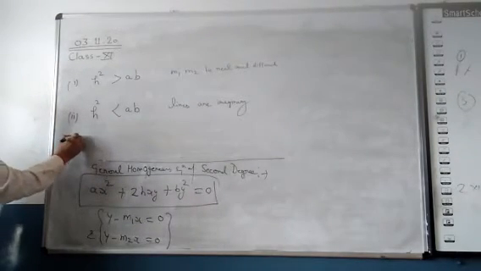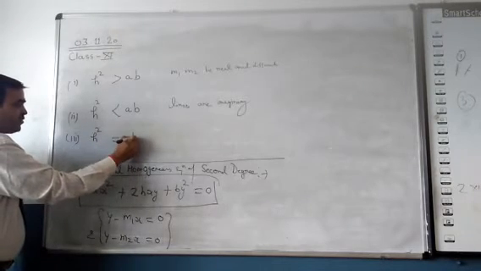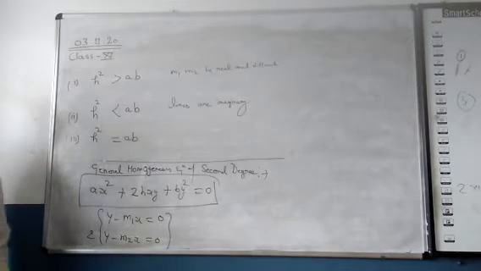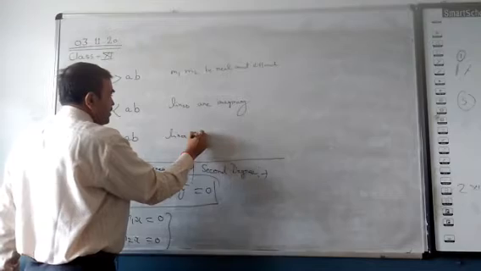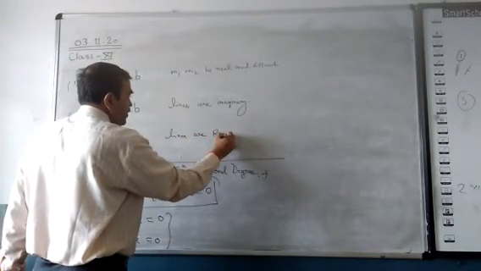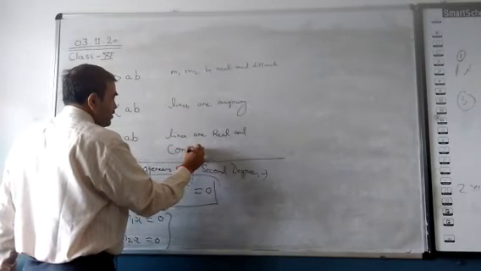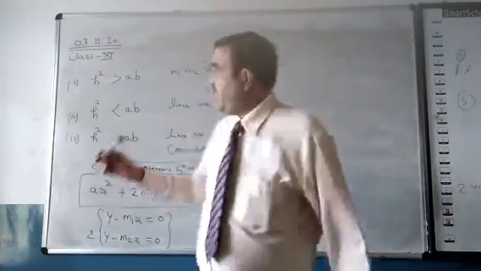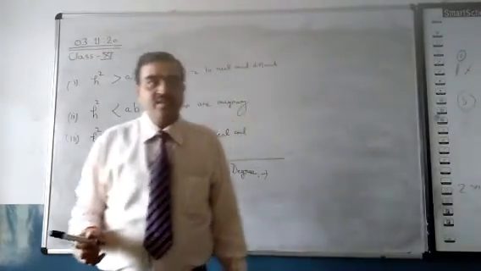And third condition, h square is equal to ab. Lines are real and coinciding. These are three different cases: h square greater than ab, h square less than ab, and h square equals to ab.